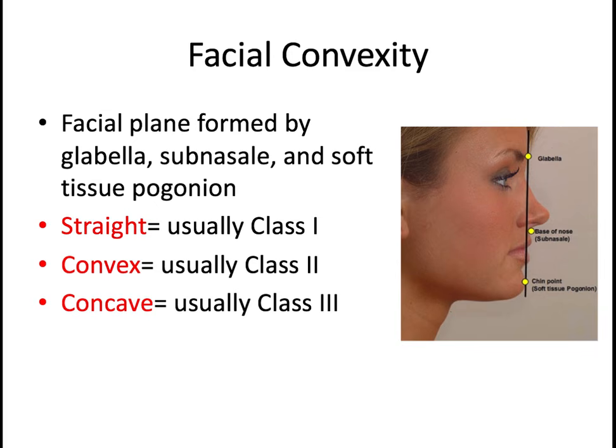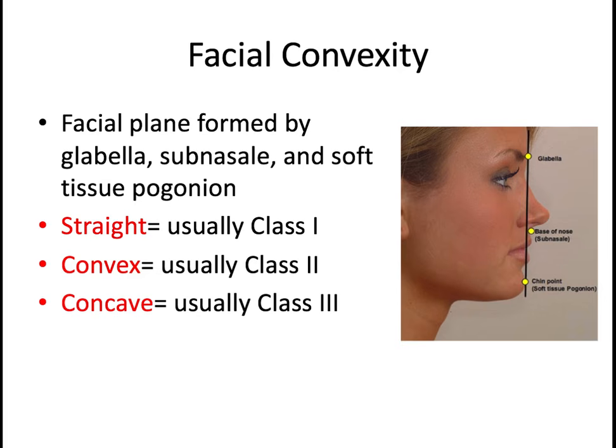All right, so we can continue to look from the profile view, this time looking more at soft tissues. So this is all about facial convexity. We're looking at the facial plane formed by glabella to subnasale to soft tissue pogonion, which is the chin point, the most anterior portion of the chin in soft tissue.